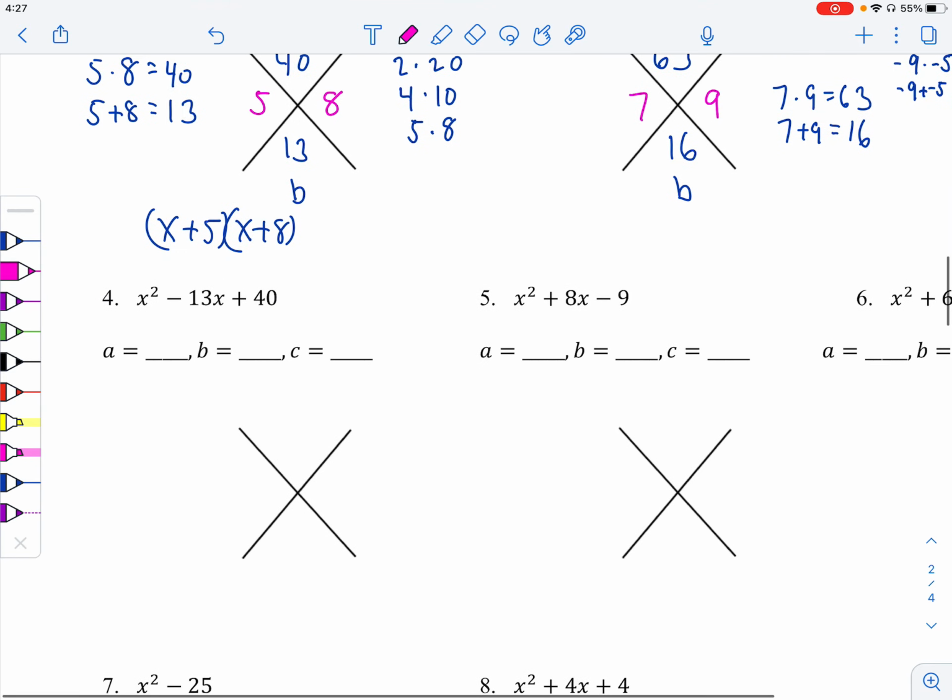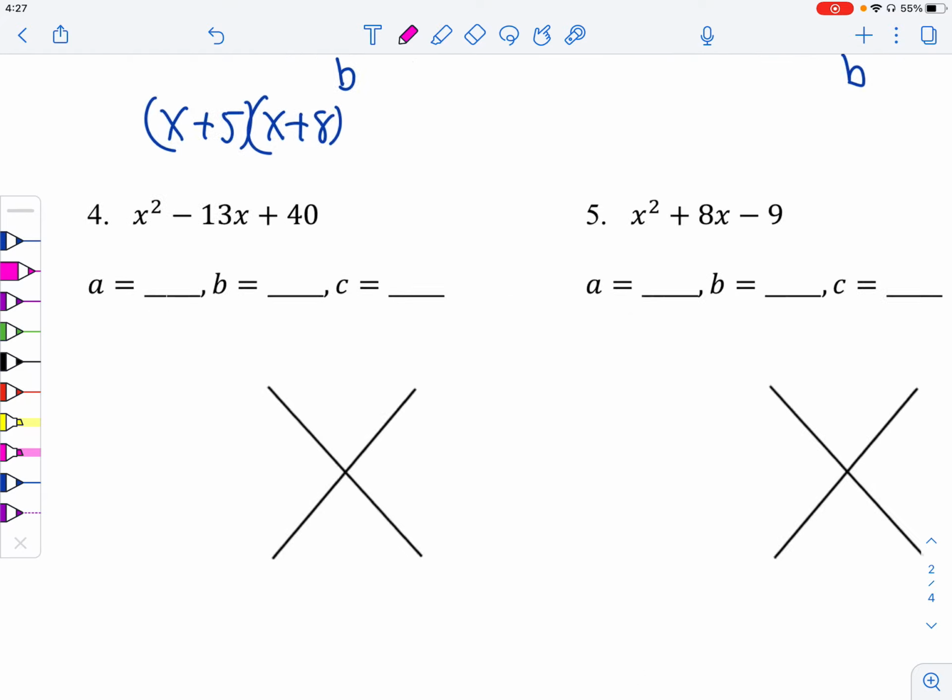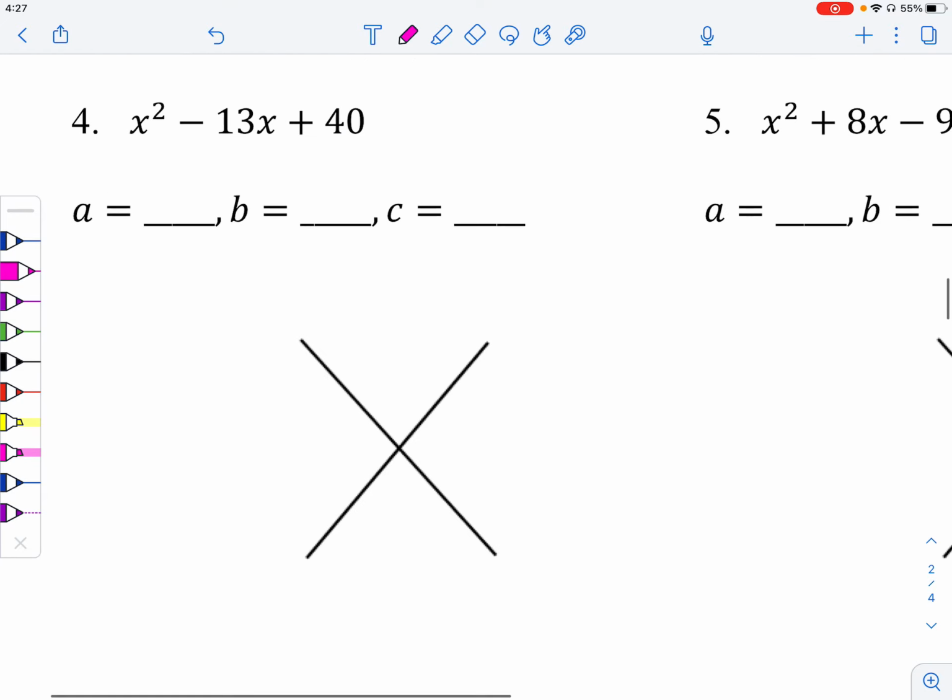Okay, let's go to the next one. So identify A, B, C. B is negative 13, C is 40. So A times C goes on the top: 1 times 40 is 40.